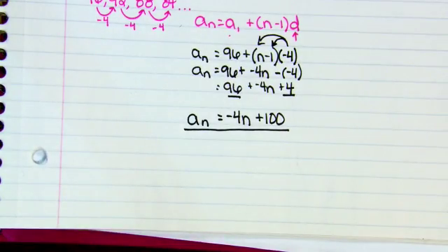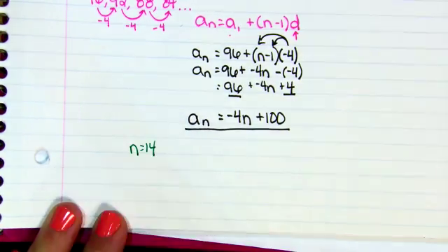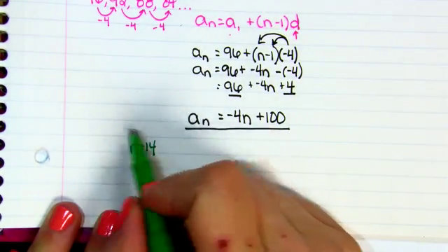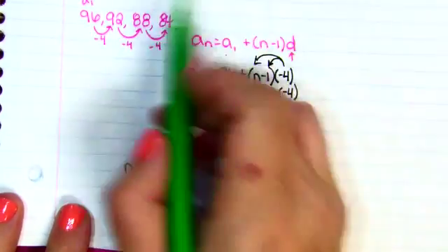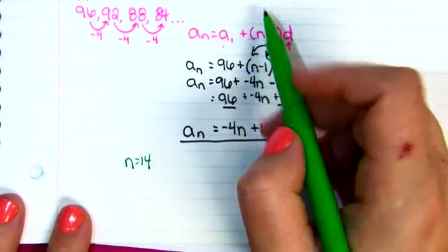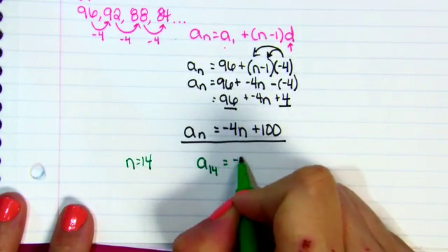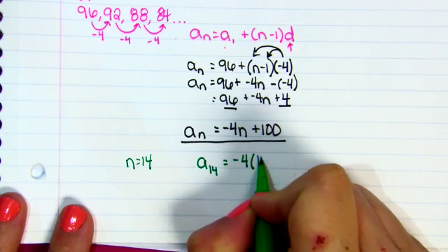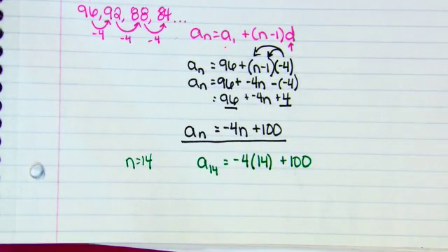And I can use that, let's say I wanted to find the 14th term. If I want to know when n equals 14, what my 14th term is, or what the value of that would be, so what I mean by that is the 14th number in this list, I can do a sub 14 equals -4 times 14 plus 100.